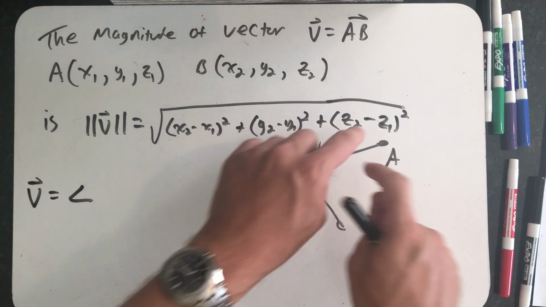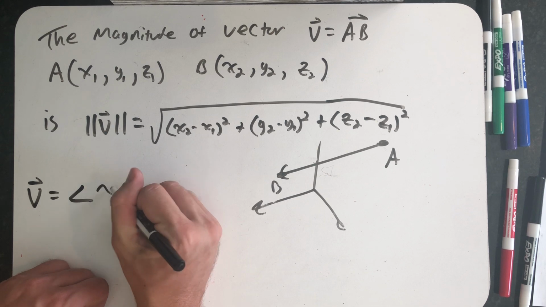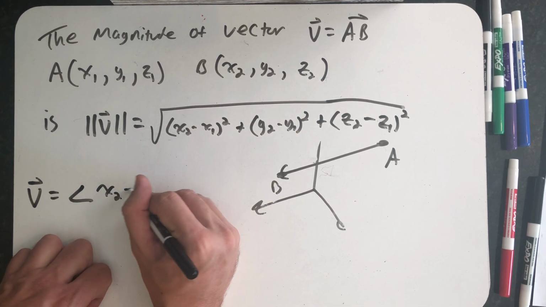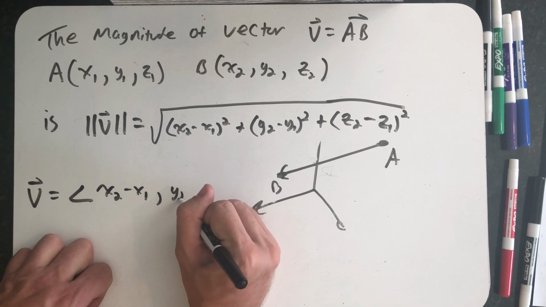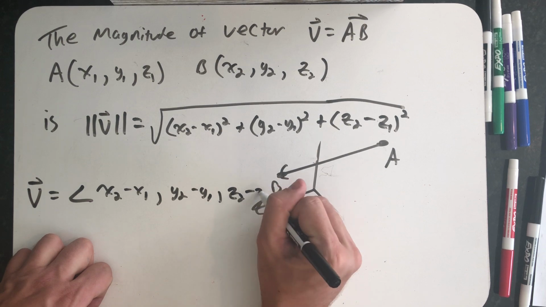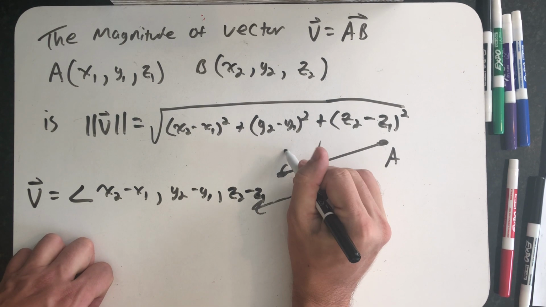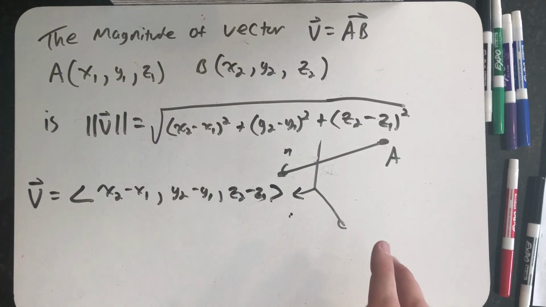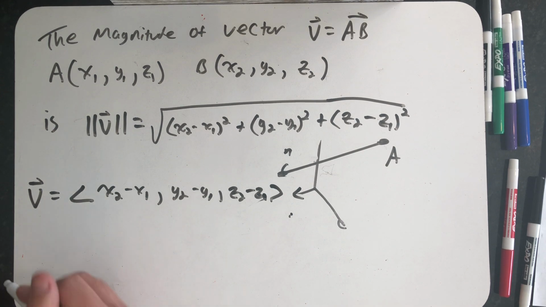I see the component form of a vector here, right? The vector AB could also be represented as x2 minus x1, comma y2 minus y1, comma z2 minus z1. If I write down a vector in its component form, thinking about a vector in standard position, then its magnitude is even easier to calculate.